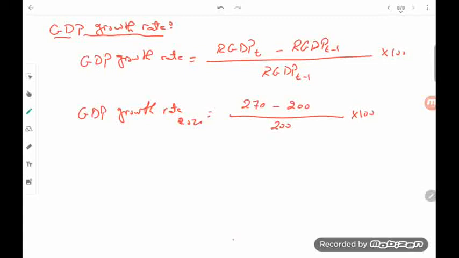It will be 35%. So this means that there is an increase in production in year 2020 compared to year 2019 by 35%.